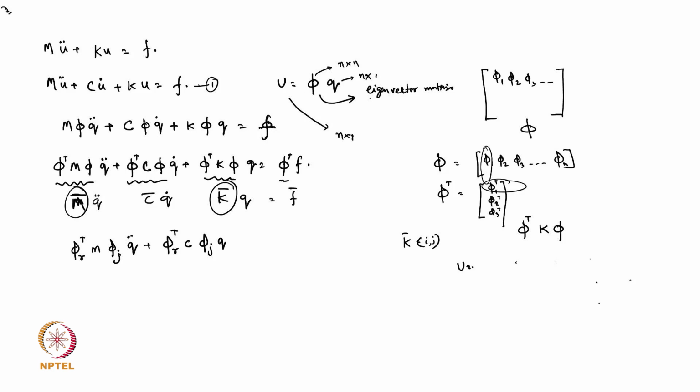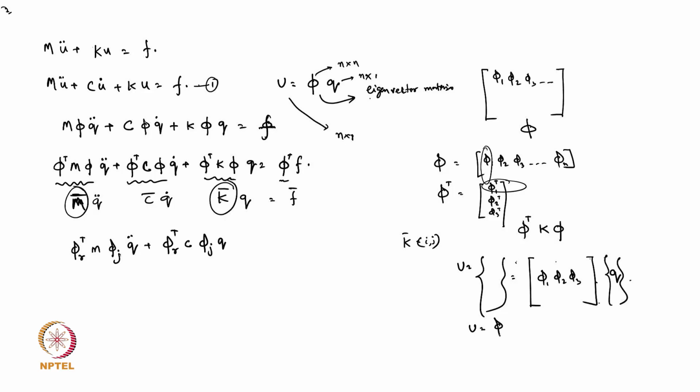This U is equal to phi, that is phi 1, phi 2, phi 3 like this, with Q. Q is again Q1, Q2, Q3, Q4. Now how are we writing U?